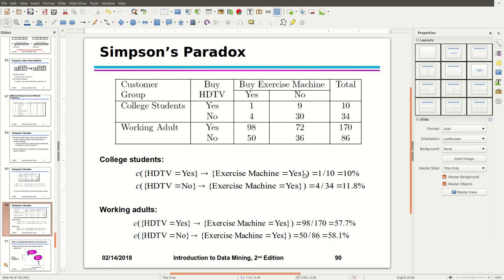So this is a paradox. What really is happening is, if you look at college students, they buy 10% of the time. So buying an exercise machine is not very likely.